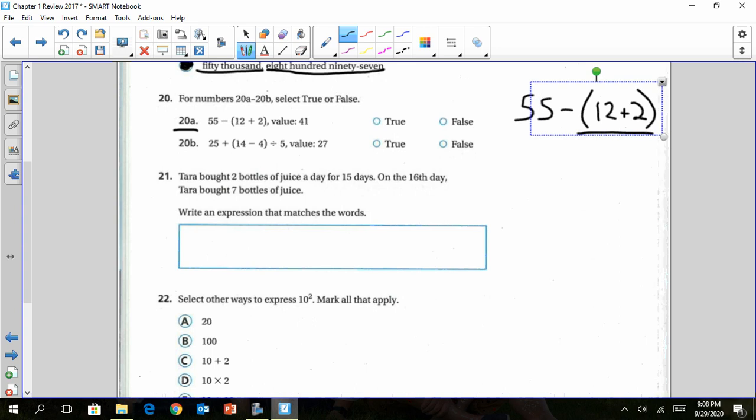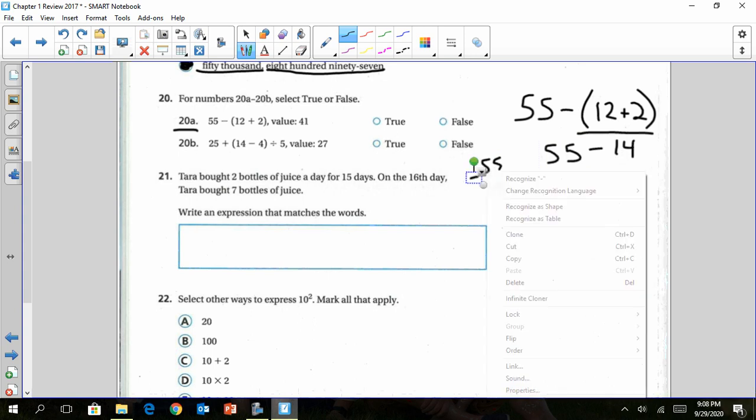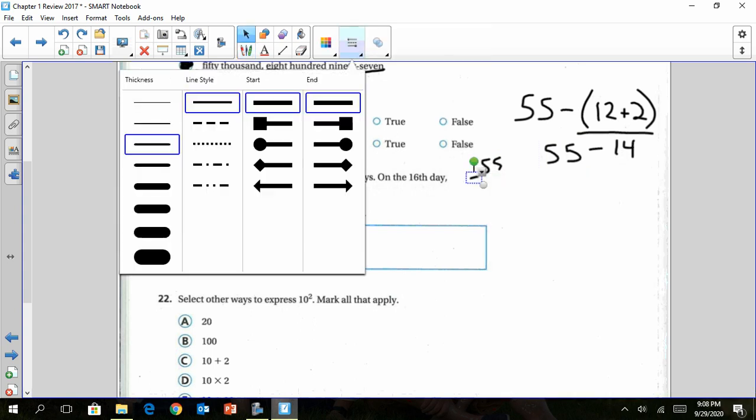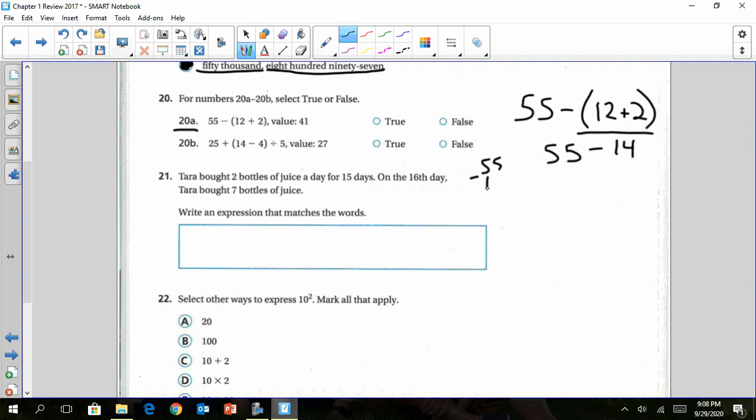We're going to go 12 plus 2 is 14. We have 55 minus 14. You want to just set those up this way. If I subtract, I should get 41, which is true. Value is 41.